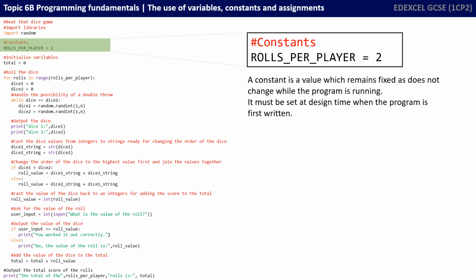If we wanted to implement constants in a Python program, we would have to set a value like we have here, rolls per player equals 2, and then make sure we never actually changed it. In most programming languages, you could declare this as a constant, and it would be unable to be changed during program execution.